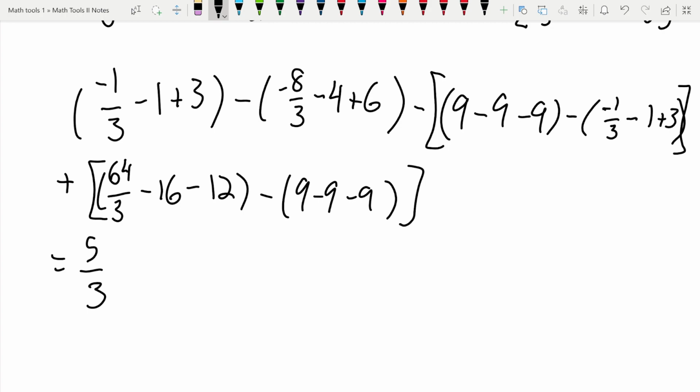All right. This is 2 minus 8 thirds, which will give us negative 2 thirds, which will cancel with that other negative. And then minus 9 minus 9 minus 9 is negative 9. 2 minus 1 third again is 5 thirds.